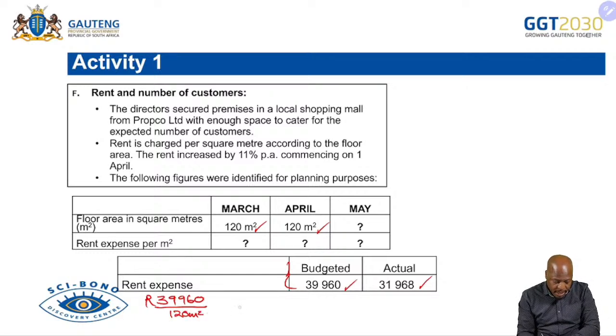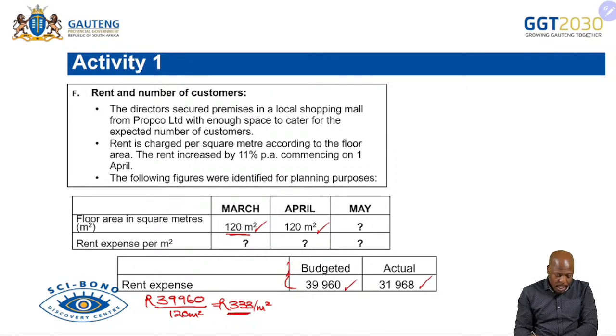That means, how much am I paying per square meter? I am now paying 333 rands per square meter. I want you to follow this. Please keep following. I had budgeted to pay 39,960, which is for the 120 square meters. That then equates to 333 per square meter.